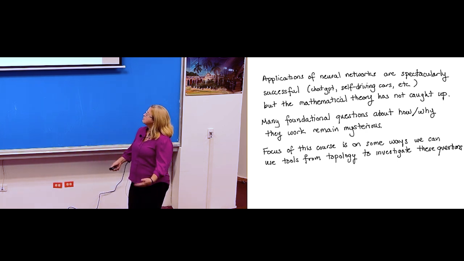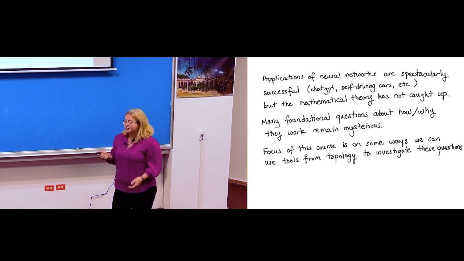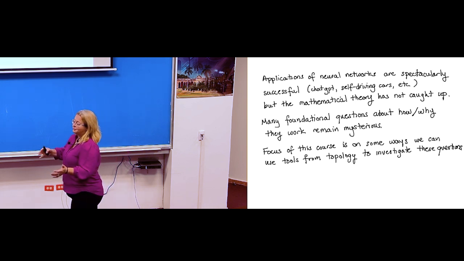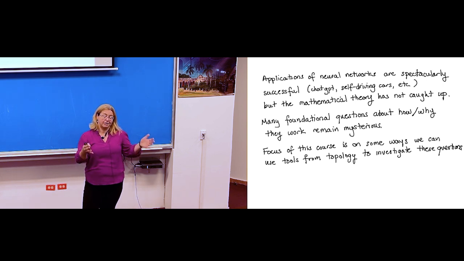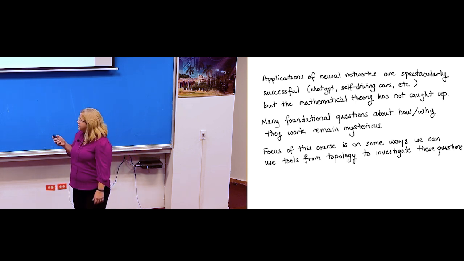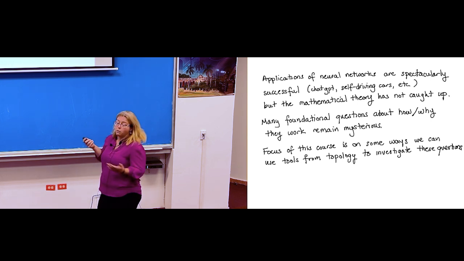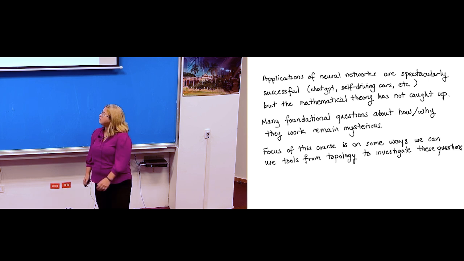And they're incredibly successful. But because applications have been growing so quickly, the theory has not really caught up. There's a big gap between what we can do in applications and the mathematical theory of it. And many questions about why these things work and how they work are still mysterious.